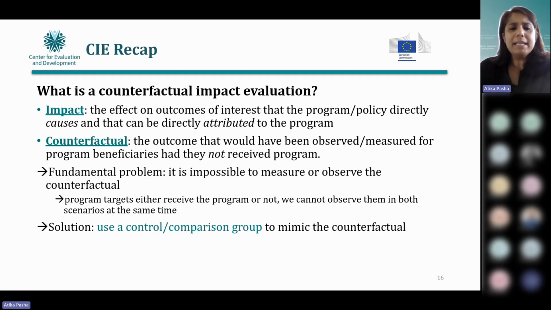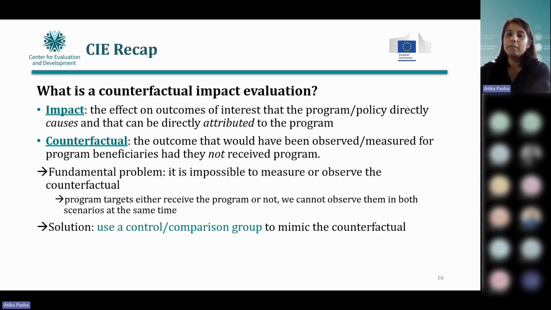So basically, the idea is we need to understand or have observed the program beneficiaries had they not received the program. Naturally, you see a fundamental problem here, which is it's impossible to measure and observe the counterfactual. If you've given a program to someone, then it implies that they cannot not receive it.